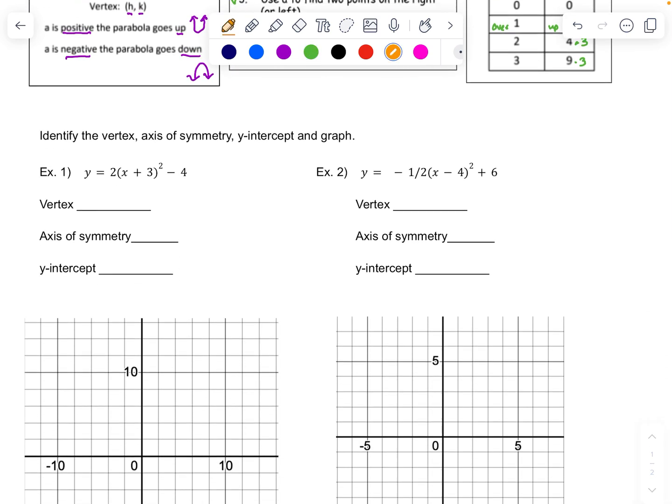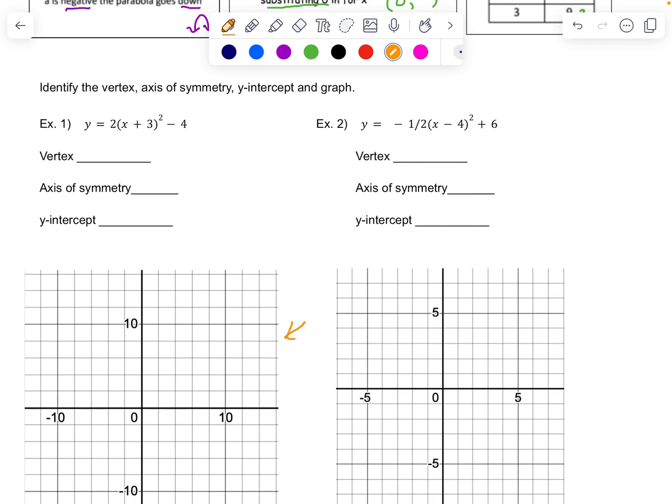Okay, so let's start one. Now notice how this graph right here is by 2's, so sometimes I'll write it on the side just to remind myself. So we see that this is the opposite of h. So if that is the opposite of h, then h would be -3. So h is -3, which means the axis of symmetry is x equals -3.